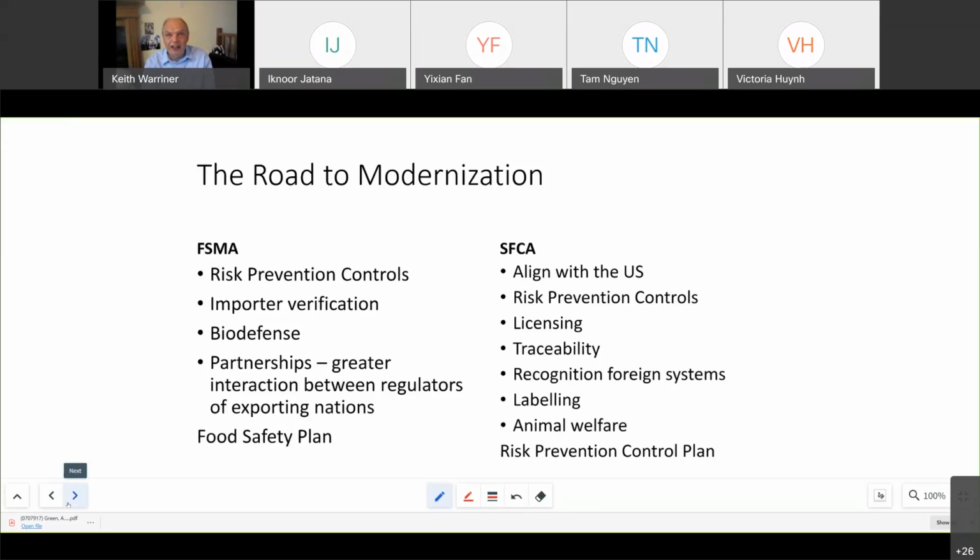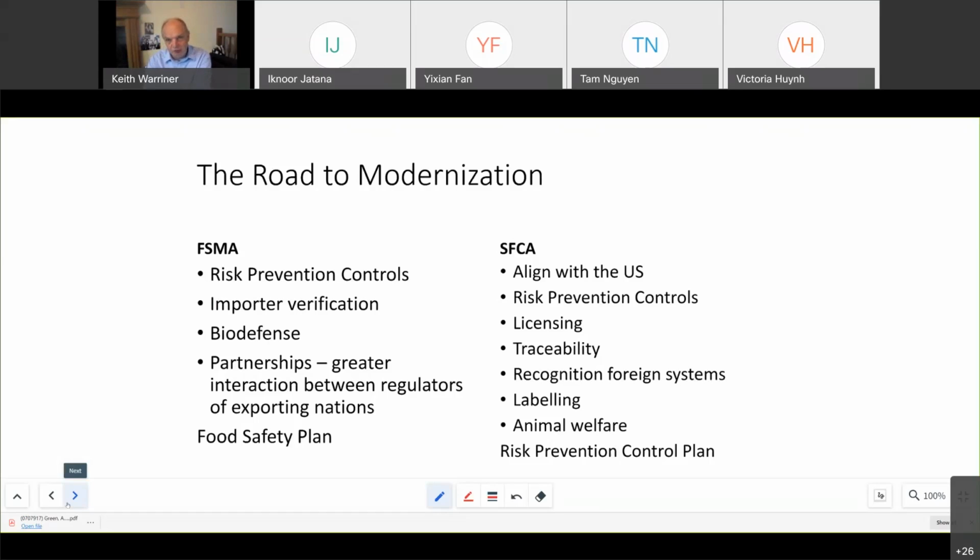So they got rid of all that and said, right, we're going to have risk prevention controls rather than CCPs. And risk prevention controls essentially take all the prerequisite programs and the HACCP plan and put them together in one. The very reason why HACCP didn't succeed back in the 70s. But anyway, that's what they did.